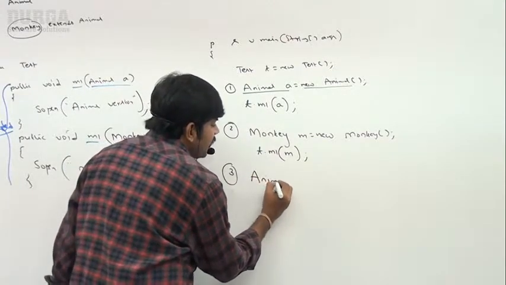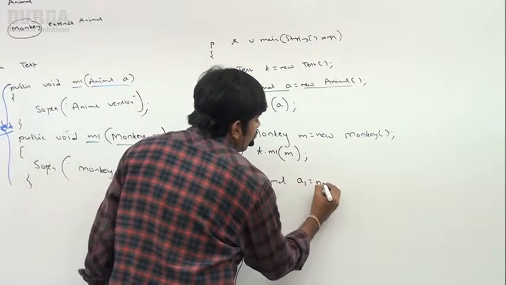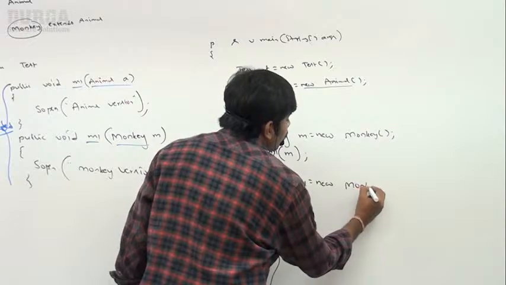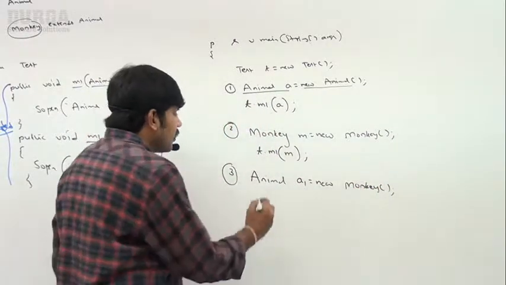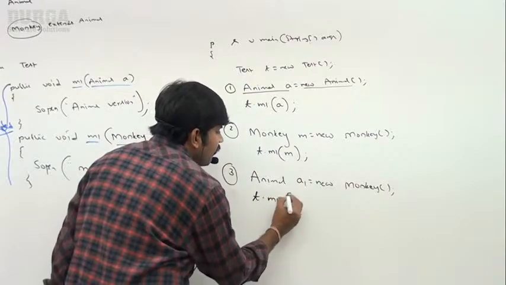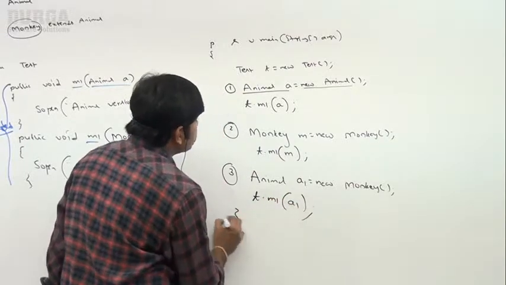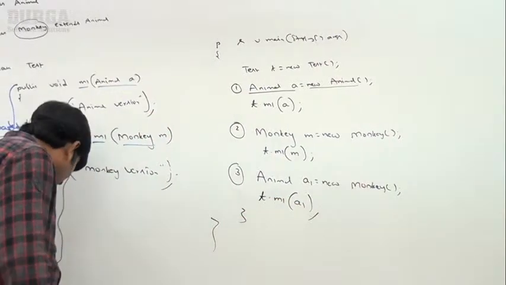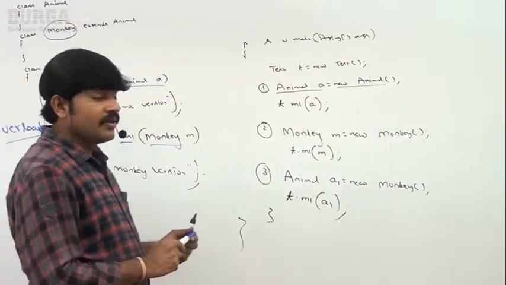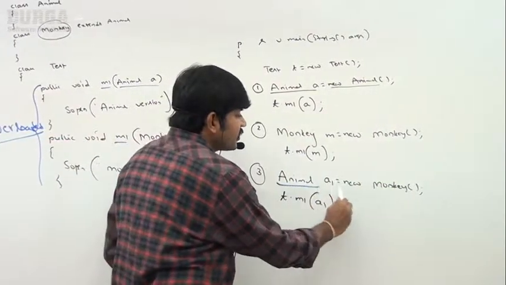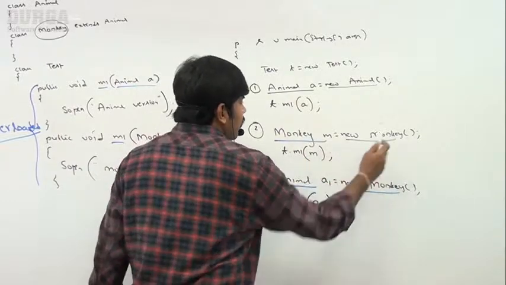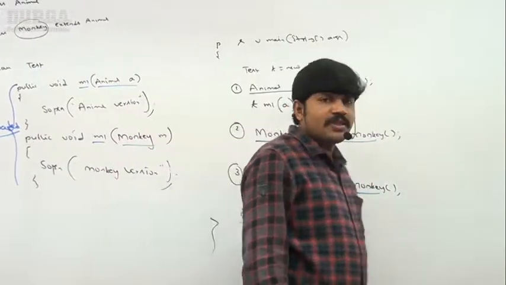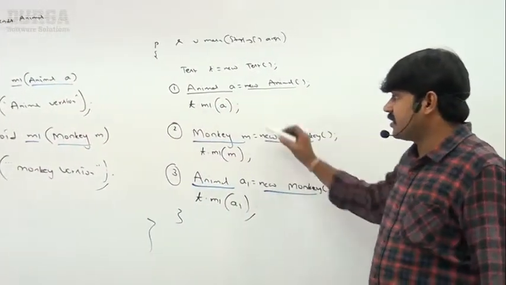Animal a1 = new Monkey(); t.M1(a1). Wow, a wonderful case, sir. More concentration must be required. Parent reference can be used to hold a child object, no problem at all. Here, child reference, child object. Okay, can you please confirm which one will get the chance in the first case?